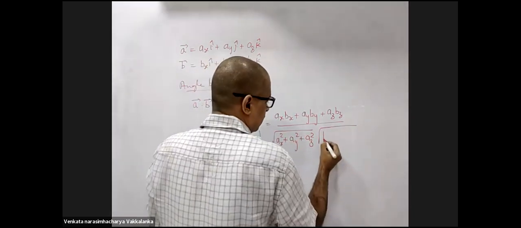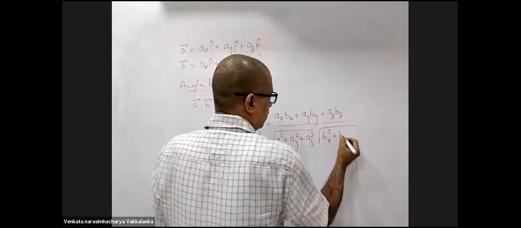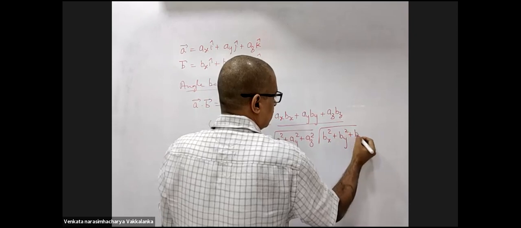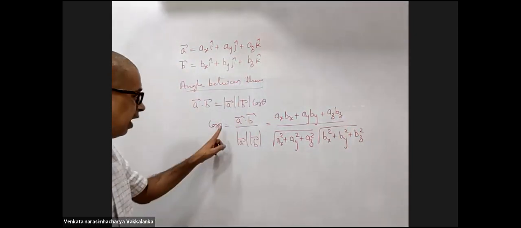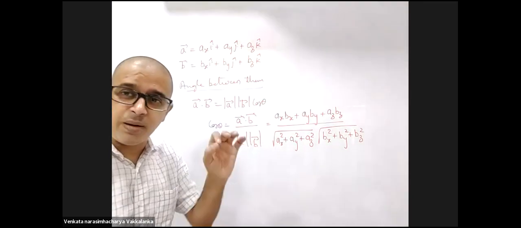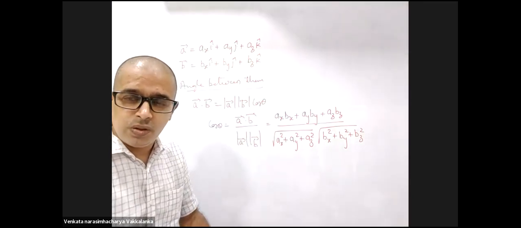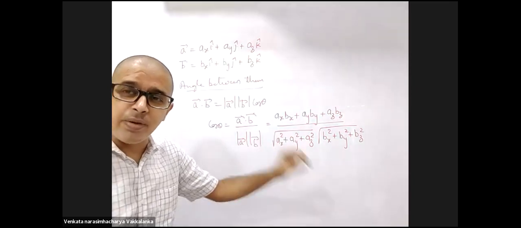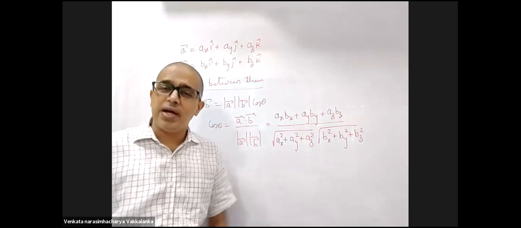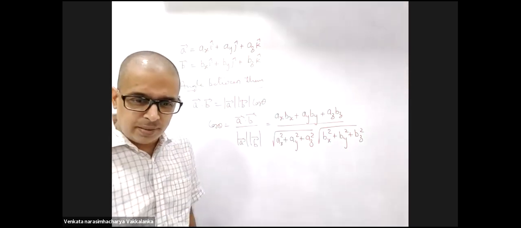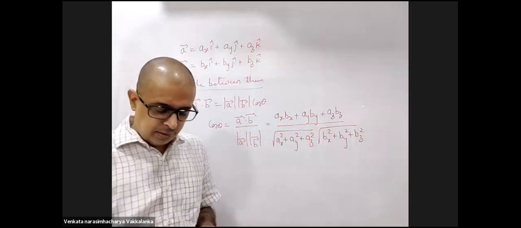The magnitude of B is root over bx square plus by square plus bz square. I'll get the cos of the angle between the two. Suppose I got cos theta equal to half, which implies theta is 60 degrees.